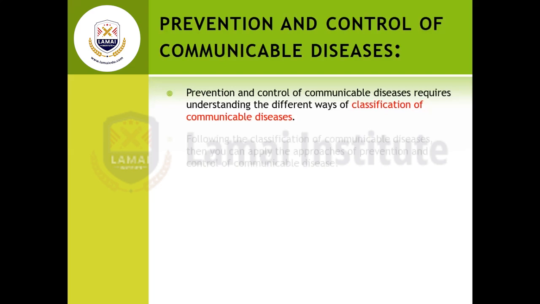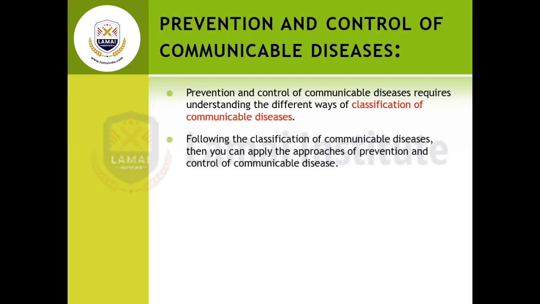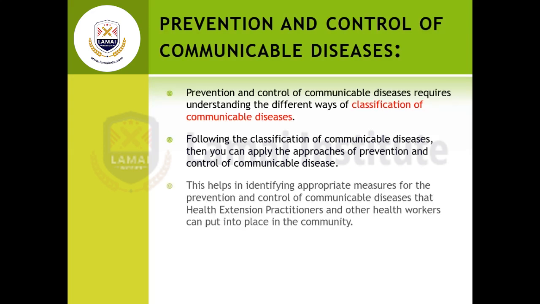Following the classification, you can apply the approaches of prevention and control. This also helps in identifying the appropriate measures for prevention and control of communicable diseases that the health extension practitioners and other health workers can put in place in the communities.